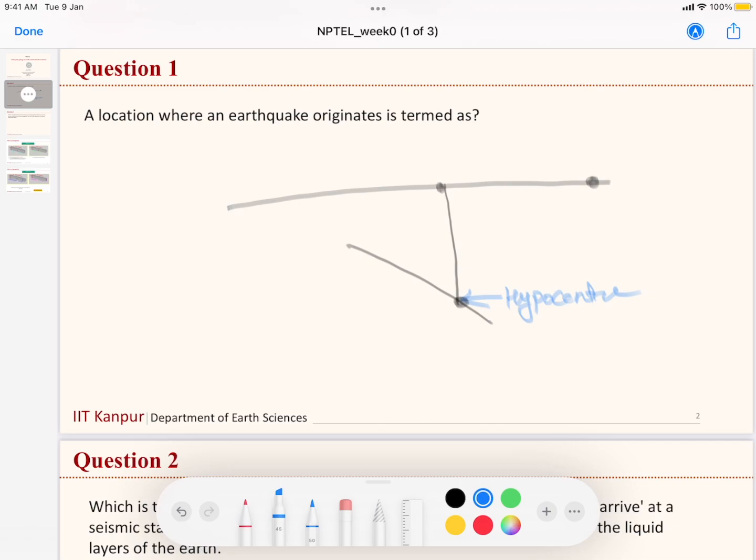And if you extrapolate this point in a vertical direction up to the surface, this point of cross section we call the epicenter. And the distance from this epicentral point up to this recording station, that is up to here, is called the epicentral distance.